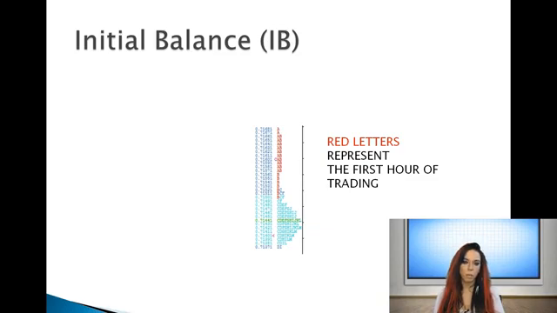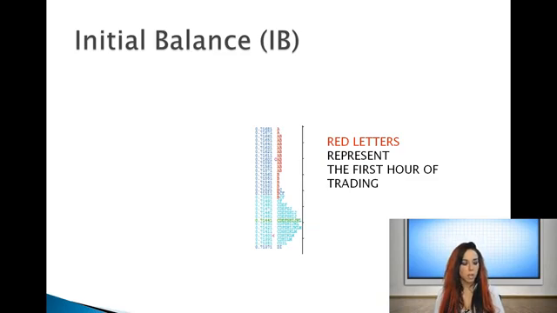When you look at the market profile indicators, there will always be some kind of a distinction for initial balance letters. Whichever profile indicator you might be using, there will always be this distinction for the first hour of trading. So initial balance, or IB, is short for initial balance, which represents the first hour of trading.